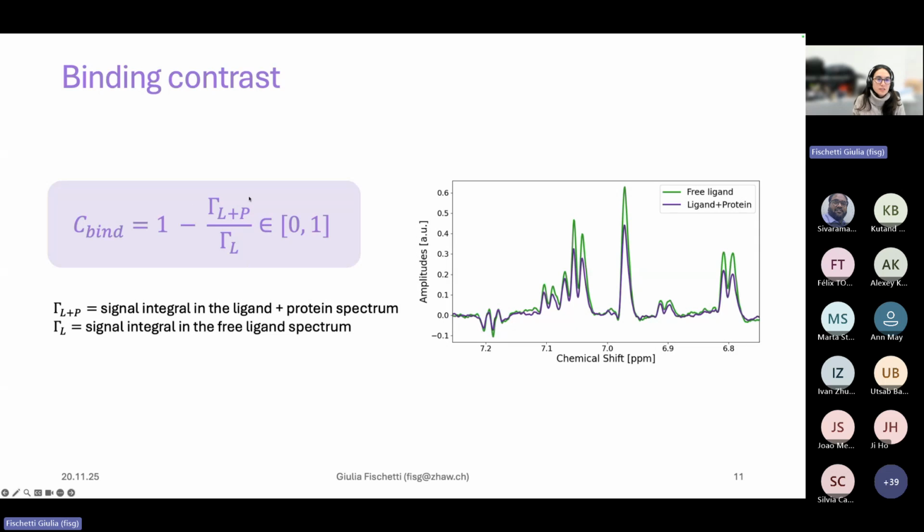And of course, this ratio is below 1. Therefore, the C-bind is defined between 0 and 1, with 0 reflecting no interaction between the ligand and the protein, and 1 reflecting some sort of perfect or the strongest interaction between the two.